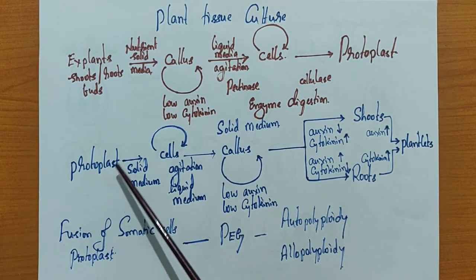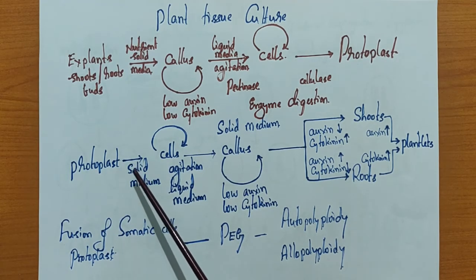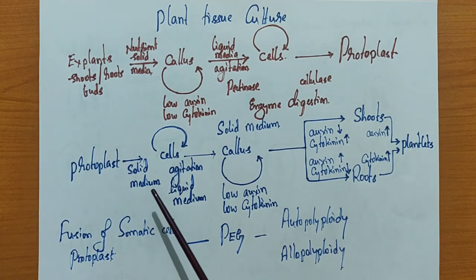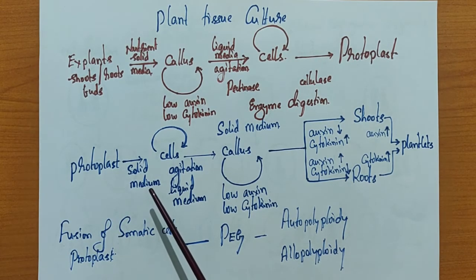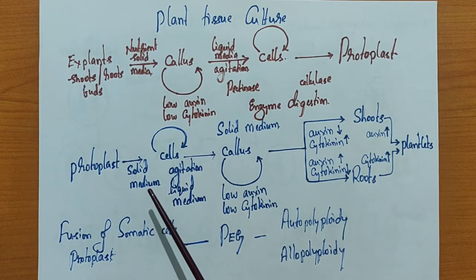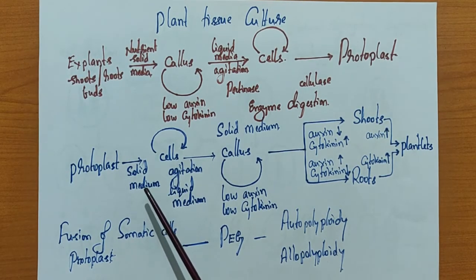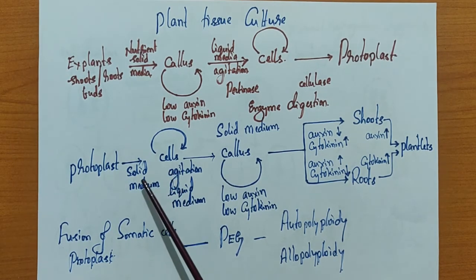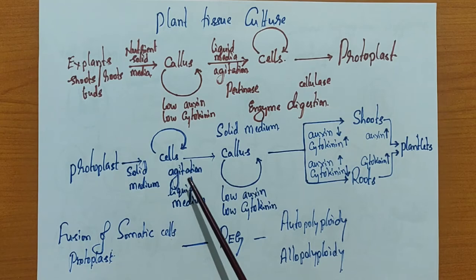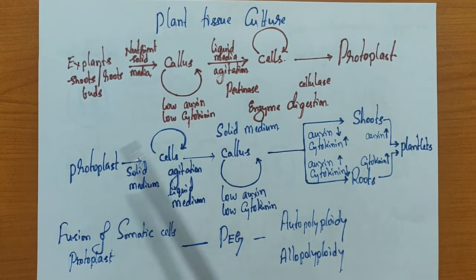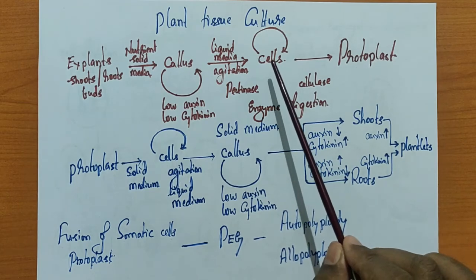The manipulated protoplast, again we inoculate onto a solid nutrient medium. Because of the nutrient medium, this protoplast will try to develop the cell wall, and now we can transfer it into a liquid medium, and with agitation, the protoplast will become a plant cell.